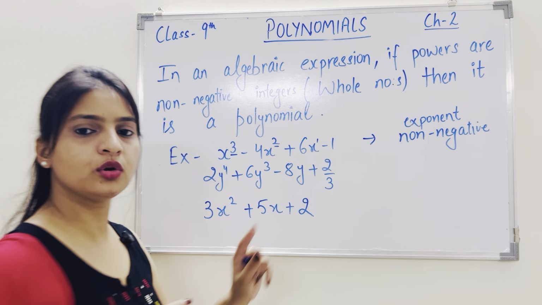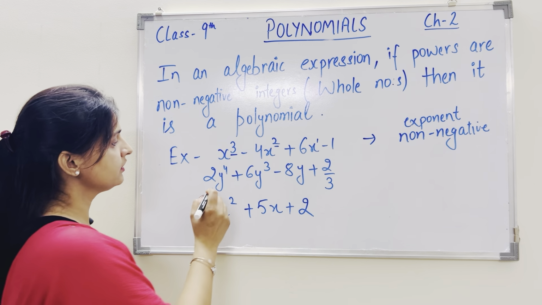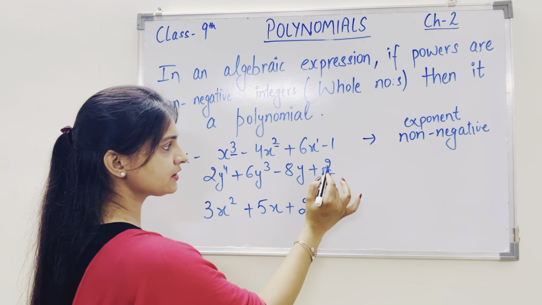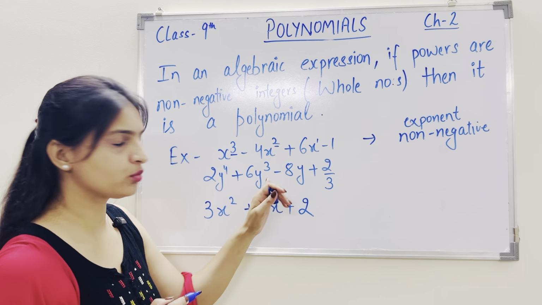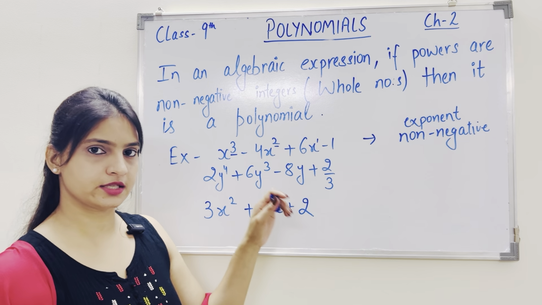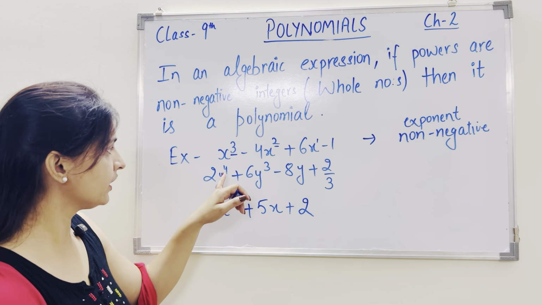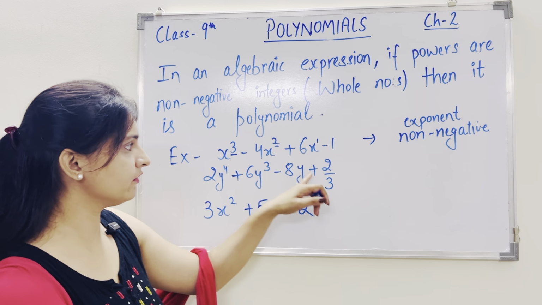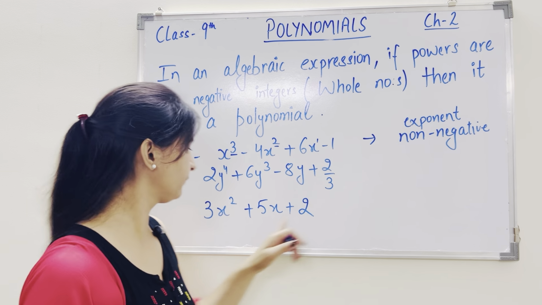Similarly, 2y raised to power 4 plus 6y cube minus 8y plus 2 by 3. In this expression also, the powers are non-negative: 4, 3, 1 and here it is 0.